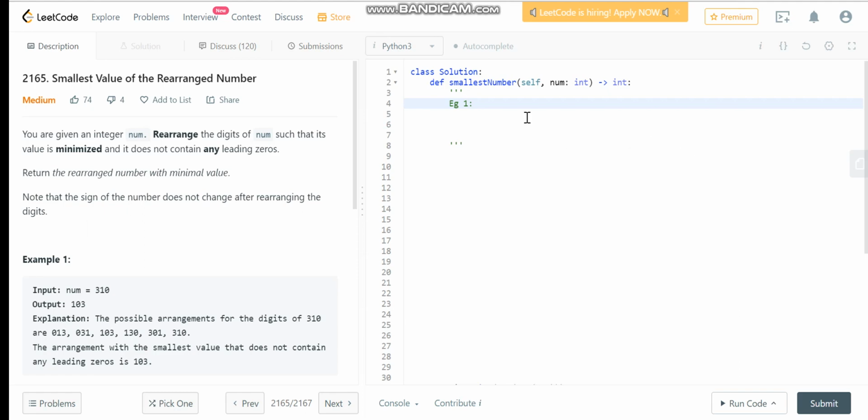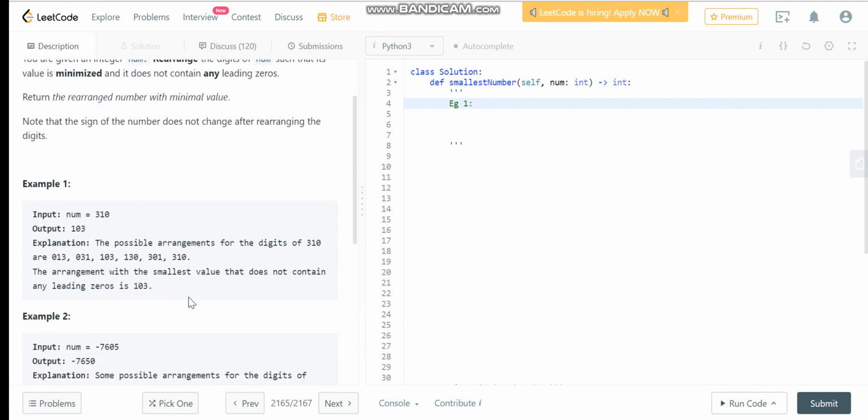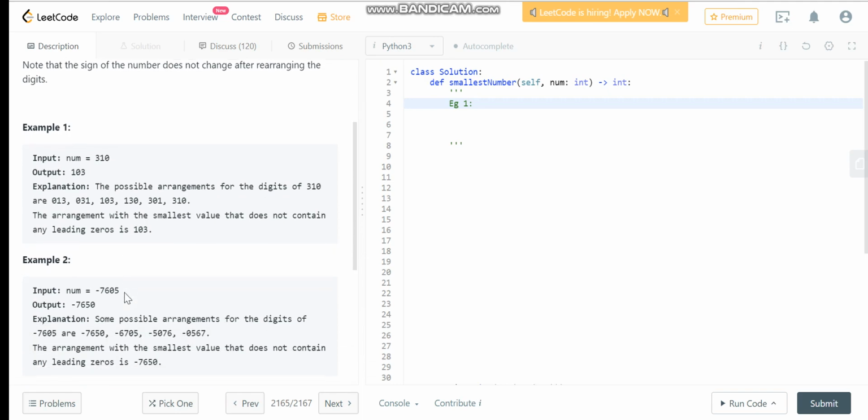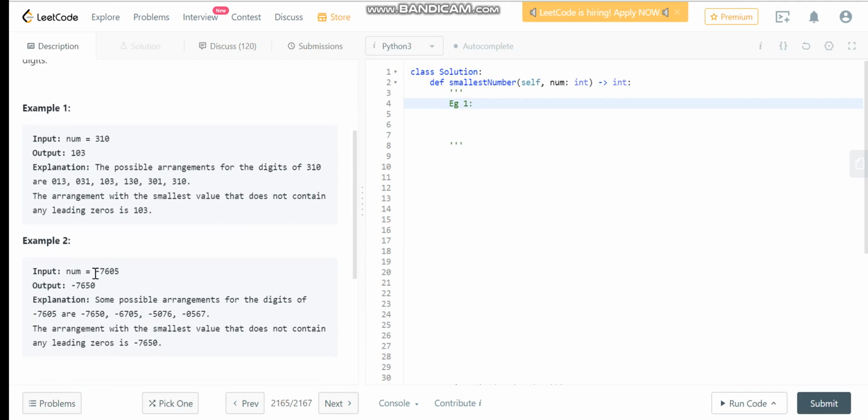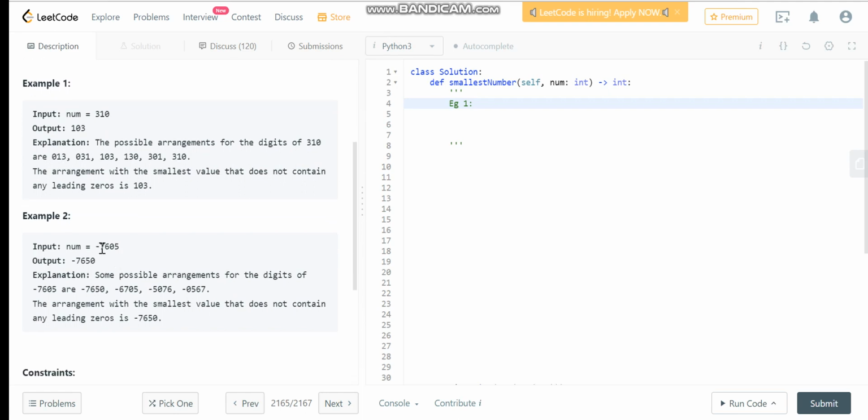Alright, so when we look at the example, the number is 310 and this one is a positive number, this one's a negative number. So when you look at this number, let's say we have a negative number, let's say -1 and -2. What we have to do here is, suppose we compare which one is the smallest, -2 is the smallest.